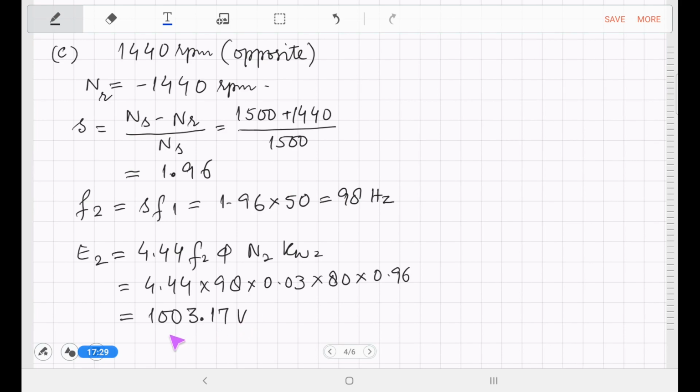So you can see that the frequency as well as the magnitude of the rotor induced EMF is quite large in this case.